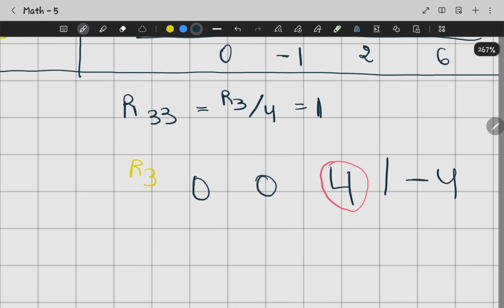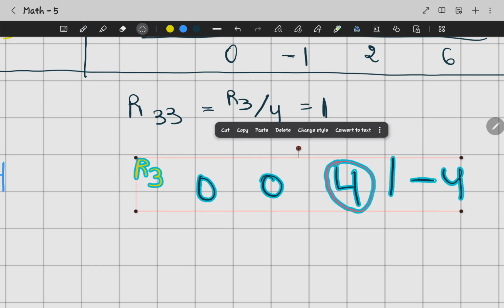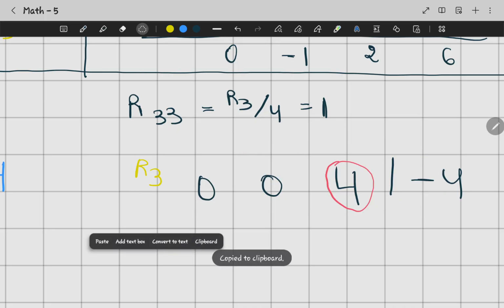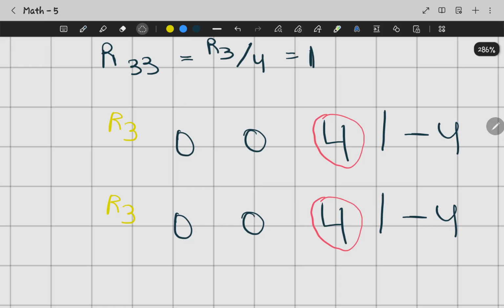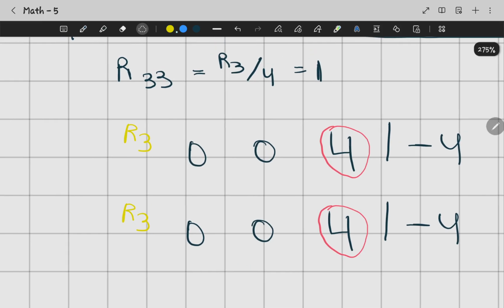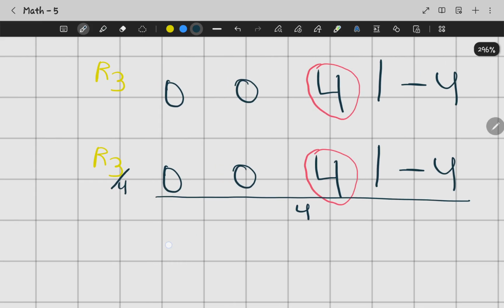So if you take this row and divide it by 4, what we're going to end up with is 0, 0, 1, and then negative 1 here.